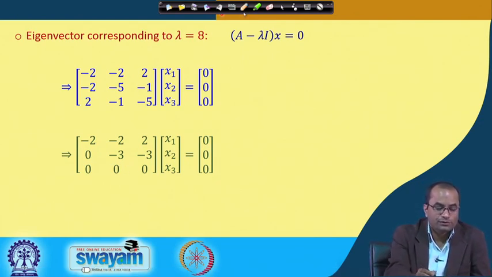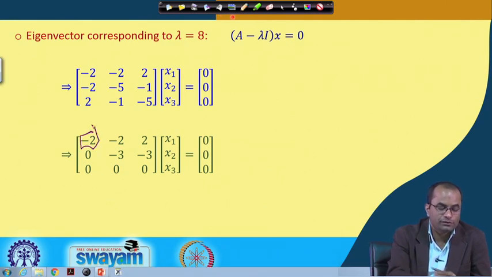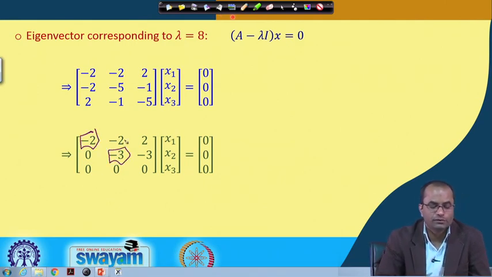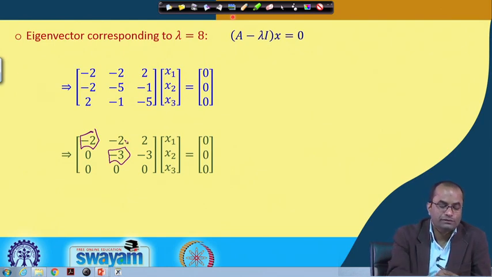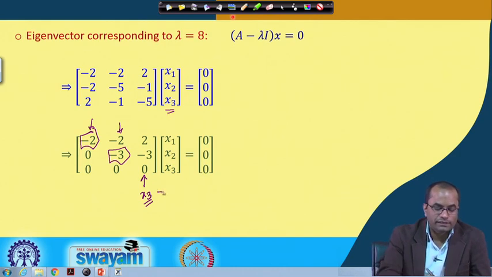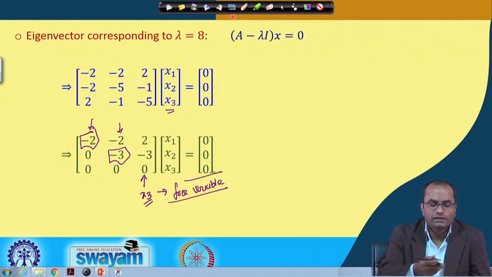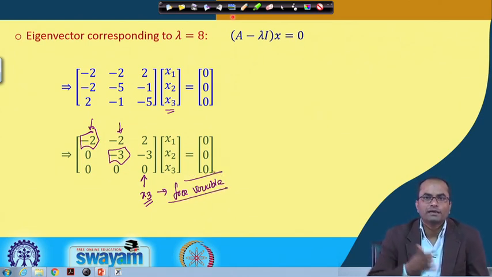And now we observe that this is the pivot element, and here also we have a pivot element. So, the first 2 columns have pivot elements, the third column does not have a pivot element. That corresponds to the x 3 component of this vector, which we can take as the free variable. So, there will be only one free variable, which was clear from before also, because the algebraic multiplicity was 1, and we cannot get 2 free variables.